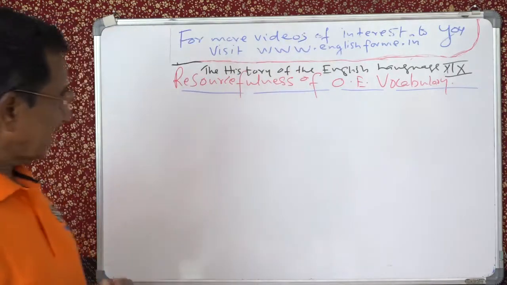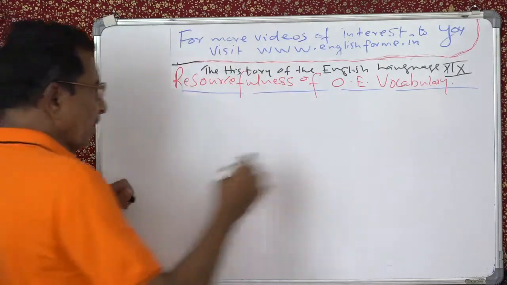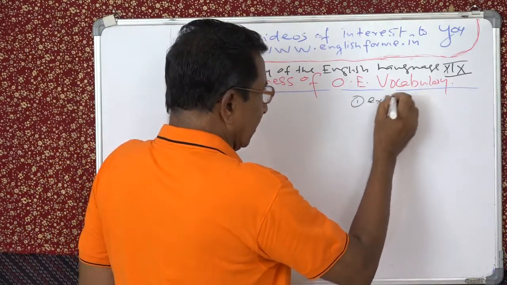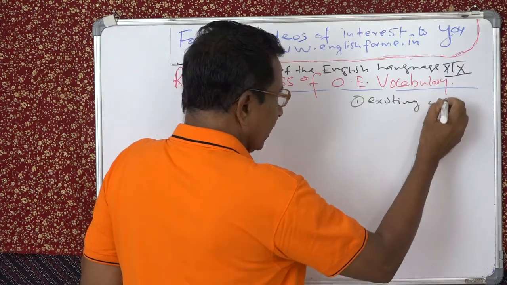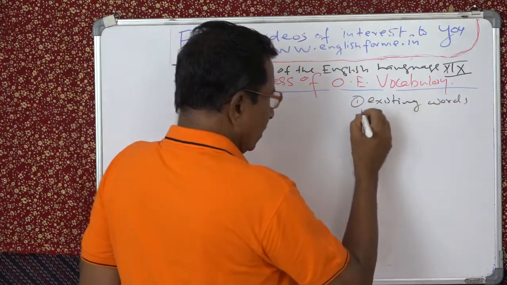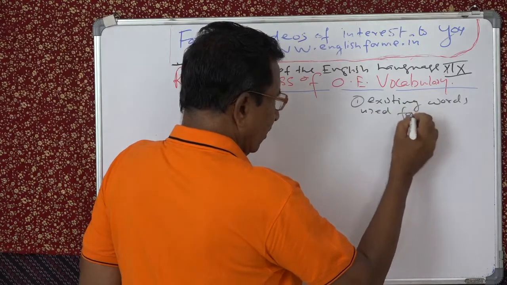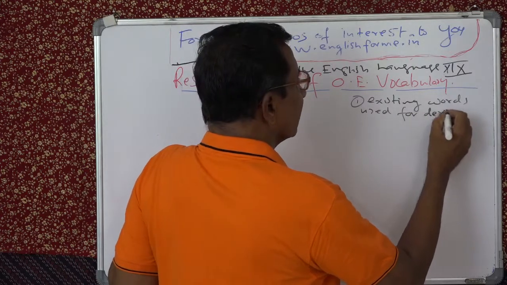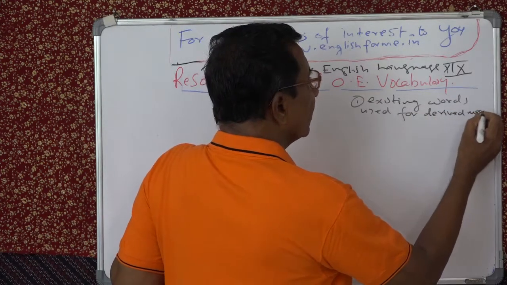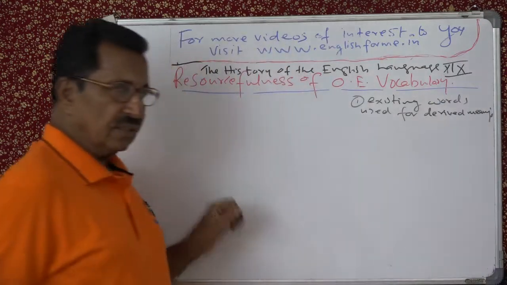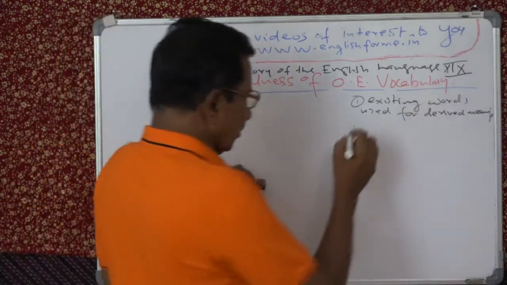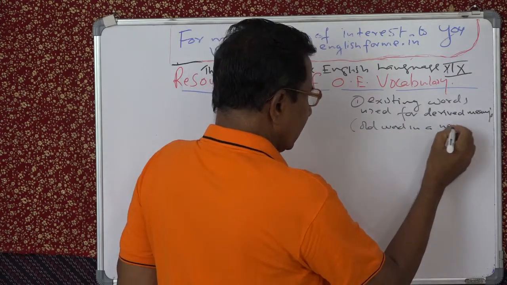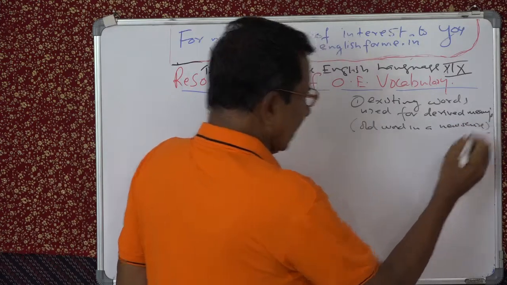Understand? Then first is existing words or old words used for derived meanings, you can say. That's the first one, derived meanings. Or old word in a new sense. In simple language, you can say old word in a new sense, by changing ending, etc., as we have seen.